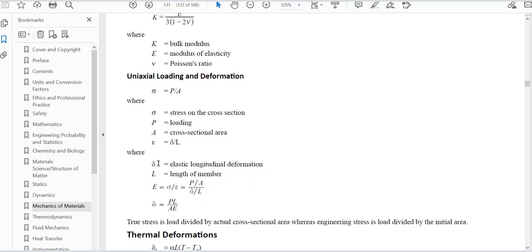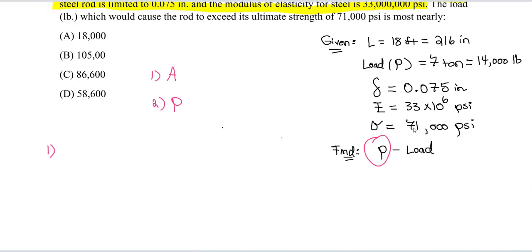That was step 1. Then we can find the actual load for a stress on ultimate strength of, it was 33 million psi. No, I'm sorry, it was 71,000 psi, for that stress. So let's find the area first.